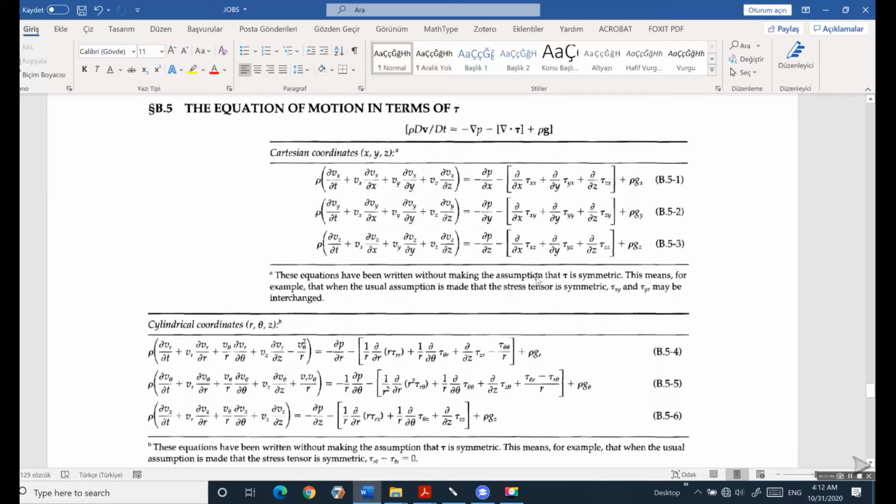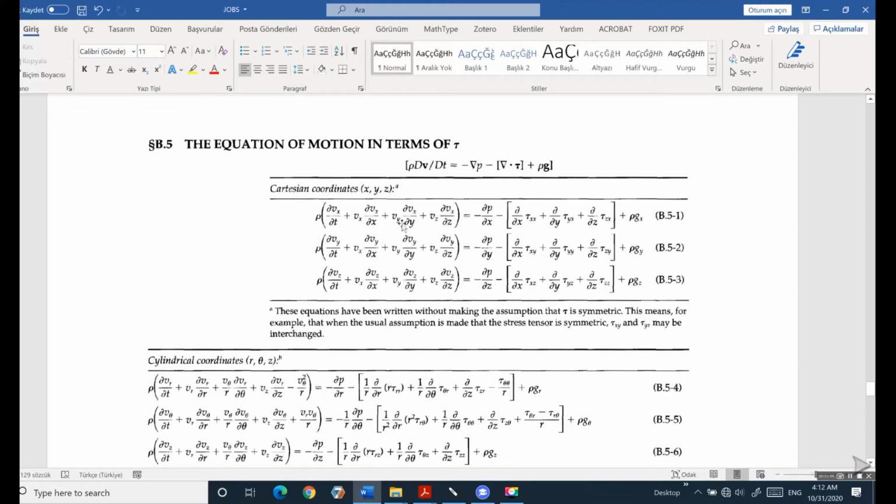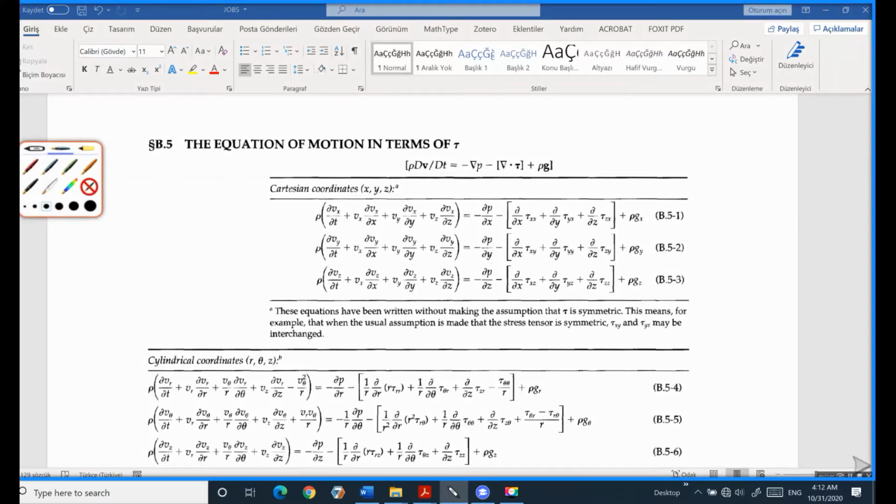Now we are here in the rectangular Cartesian coordinates x, y, z, for the x direction, that one. Let's go term by term. The first one is going to be 0 because Vx is 0 and Vy is 0. It's going to be 0, 0, 0.